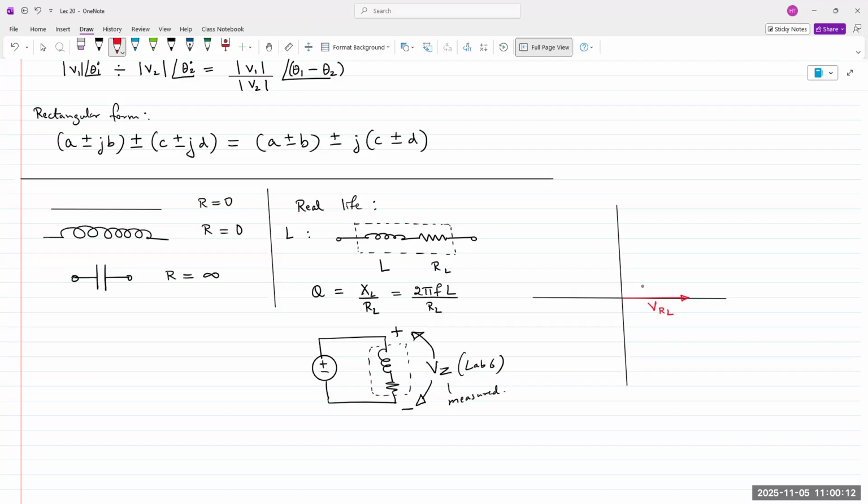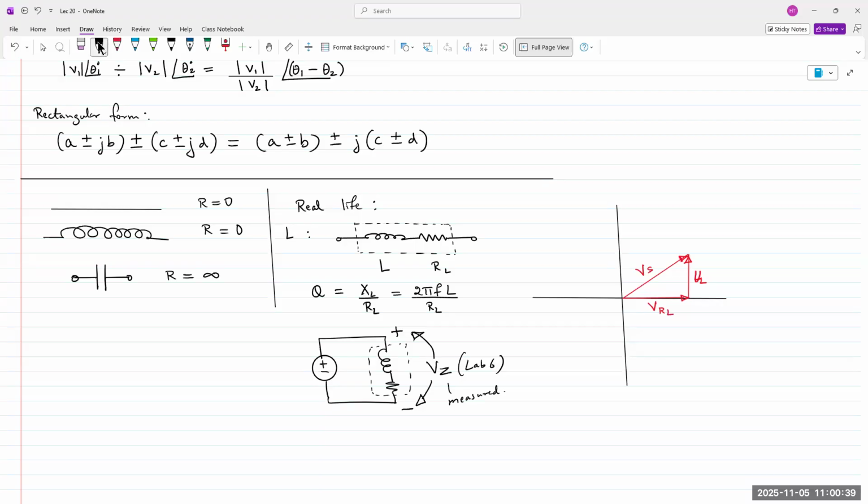Then the inductor voltage, inductor has an angle of plus 90 degrees. And so it points straight up. This is VL. And then we join it together, we get VS.